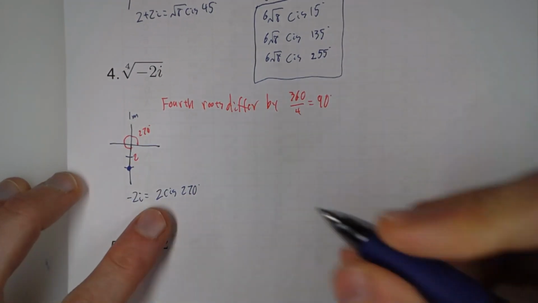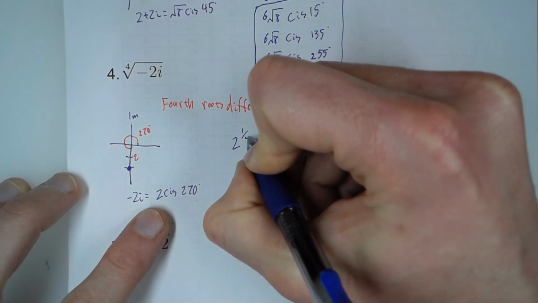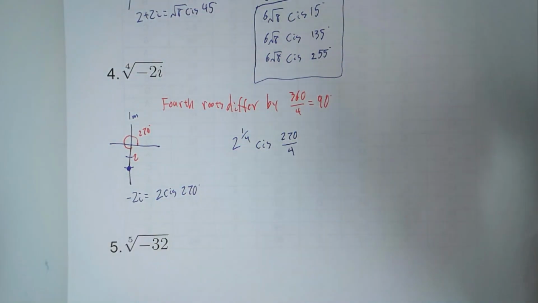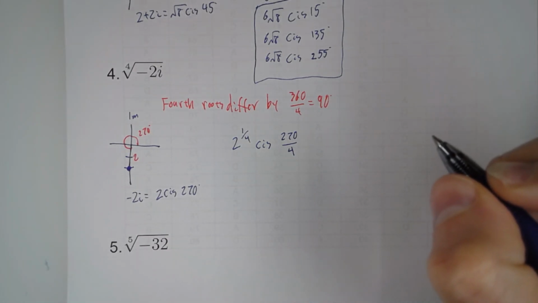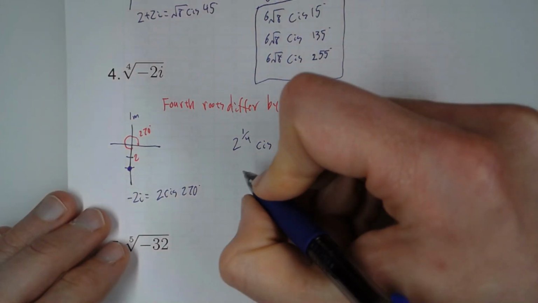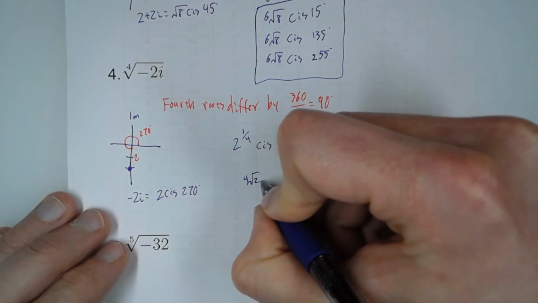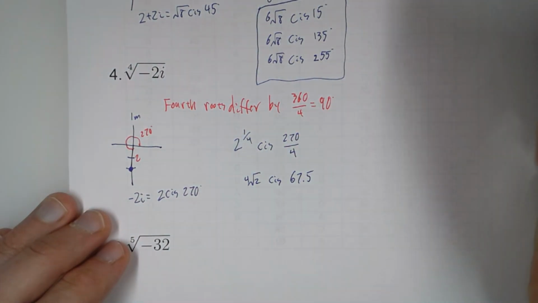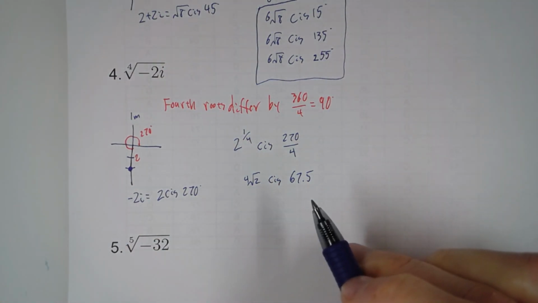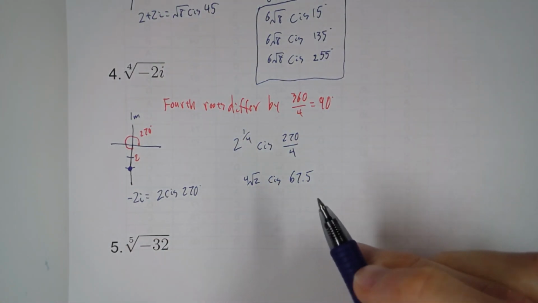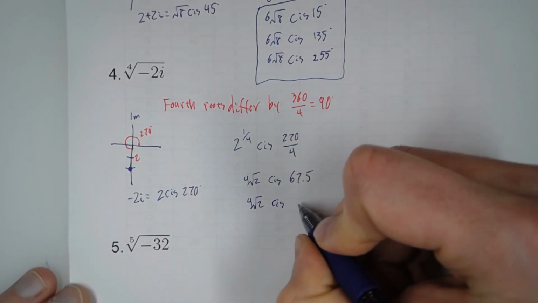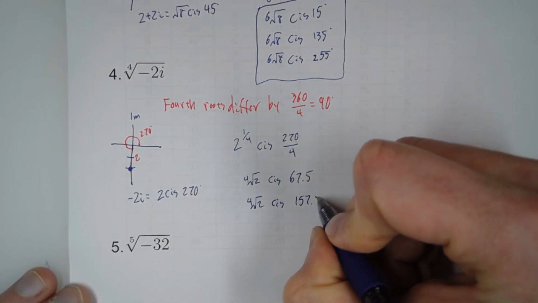So now we take the 4th root of this, so 2 to the 1/4 cis 270 over 4. So I get the 4th root of 2 cis 67.5. And now we will add 90. And when we do, we get the 4th root of 2 cis 157.5.